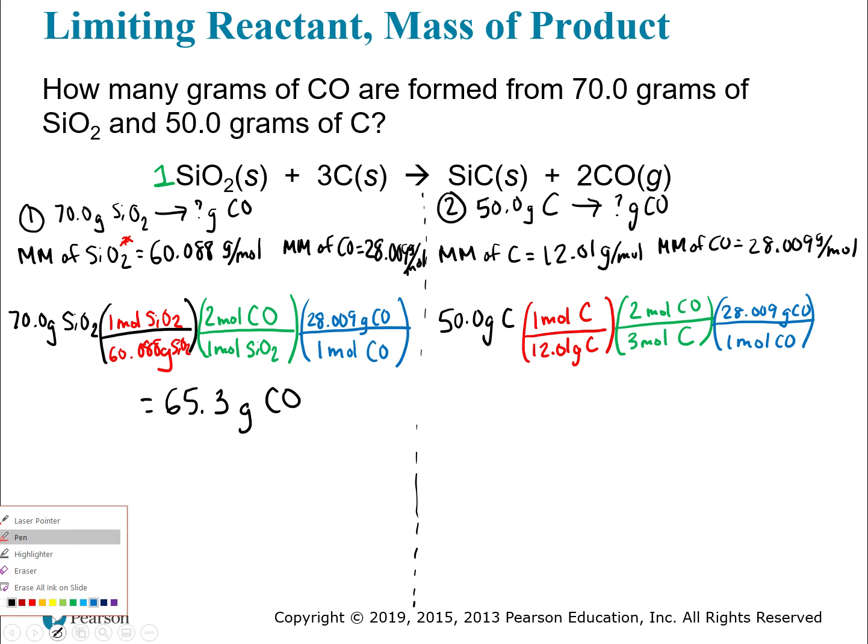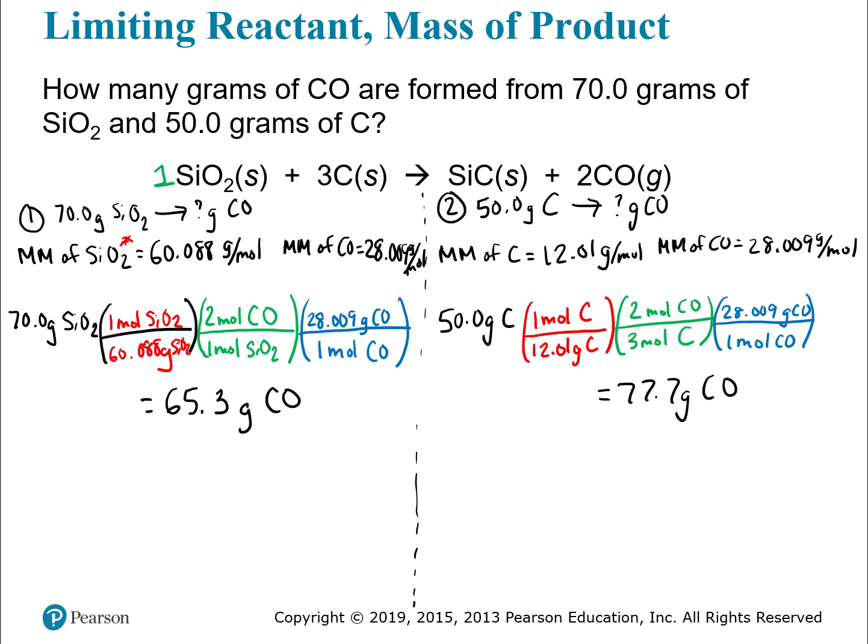When you do that math, you should get 77.7 grams of carbon monoxide. Now, we're not done. We have to figure out how many grams we'd actually make if we were to combine 70 grams of silicon dioxide and 50 grams of carbon.